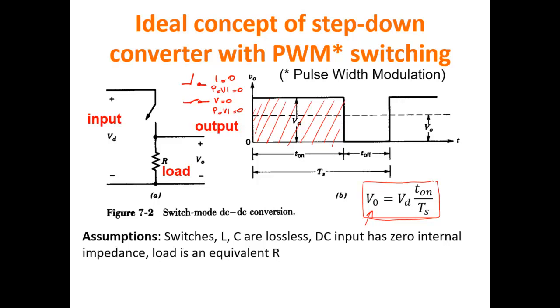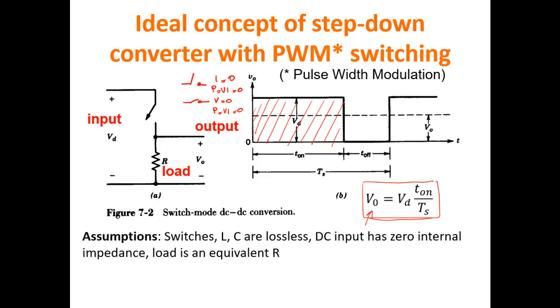Of course, you need to put a filter in order to eliminate the AC component of the output voltage, but you can make a filter with inductors and capacitors only, and inductors and capacitors do not dissipate any power. So, in practice, nothing is dissipating power, and you can have a very high energy efficiency.